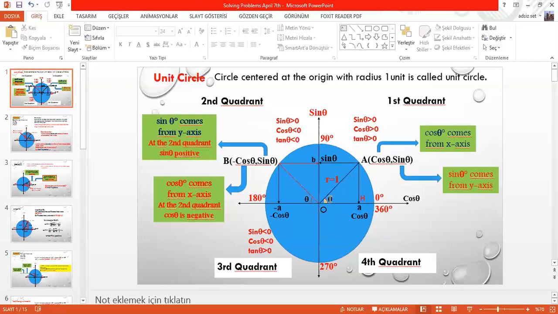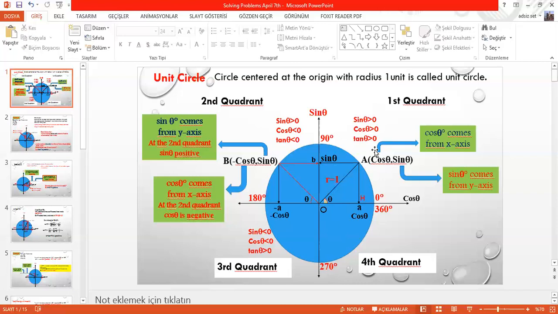The opposite side was B, which is sine theta, divided by the adjacent side, which was A, which is cosine theta. So tangent theta is sine theta divided by cosine theta. Sine is positive in the first quadrant, cosine is positive in the first, so tangent theta will be positive in the first. Let's look at the second quadrant.